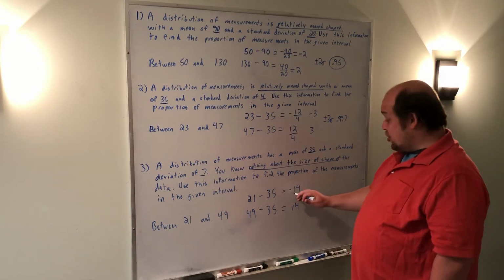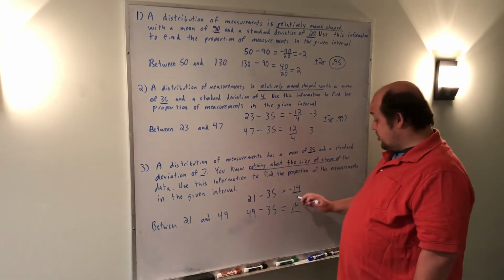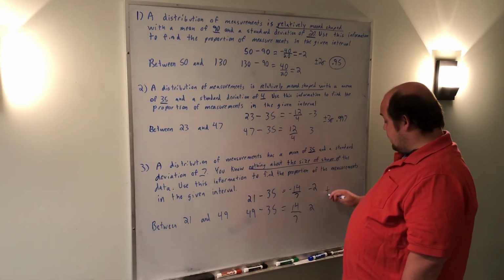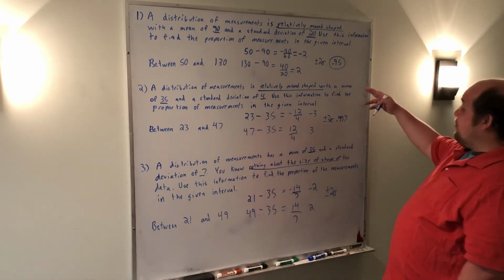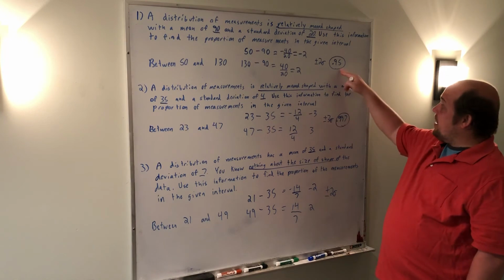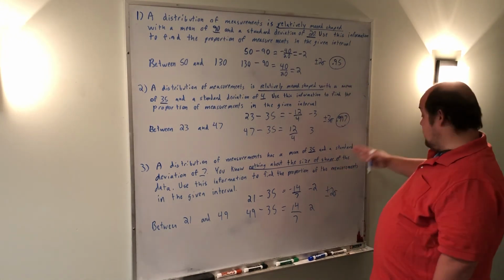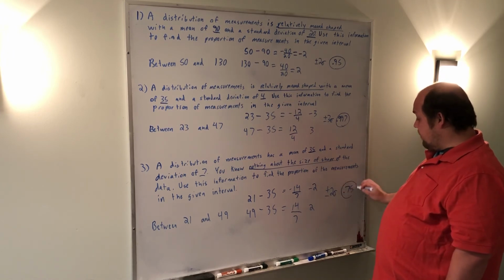That said, I like to show it as both, so here I'm going to divide by the given standard deviation of 7. Here I would get negative 2 and positive 2, so that tells me I'm plus or minus 2 standard deviations. Back when I was in my empirical rule column, that got me to 0.95, but here when I'm doing Chebyshev's rule, that's the far right, that tells me that the proportion is 0.75.